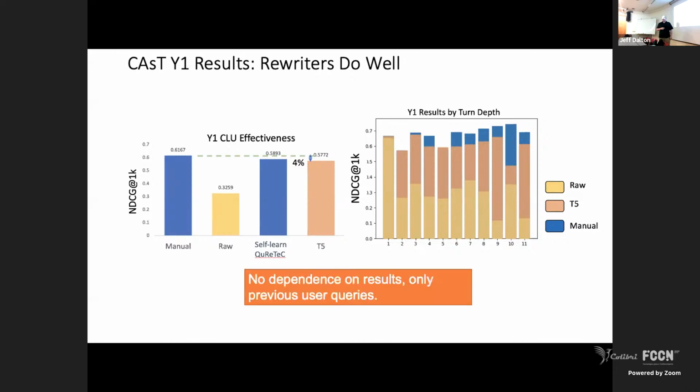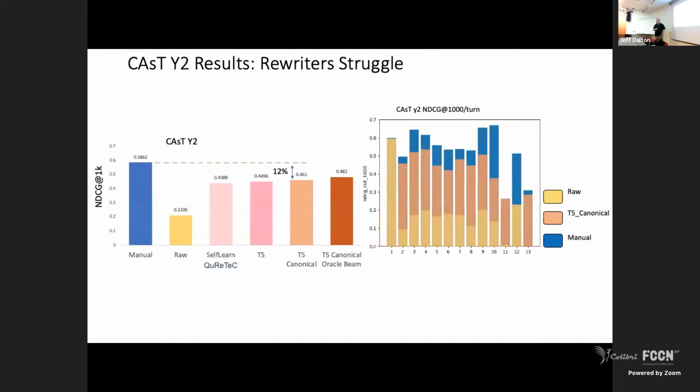Okay, and this was the easy case. There was only dependence upon previous queries, not even previous results. So we made it harder in year 2. If we look at this, T5 just used the previous queries. You have canonical, where we use the previous results, the canonical results, as they were called. That's why it's labeled that way. And then what we see here is that there's actually a much bigger gap.